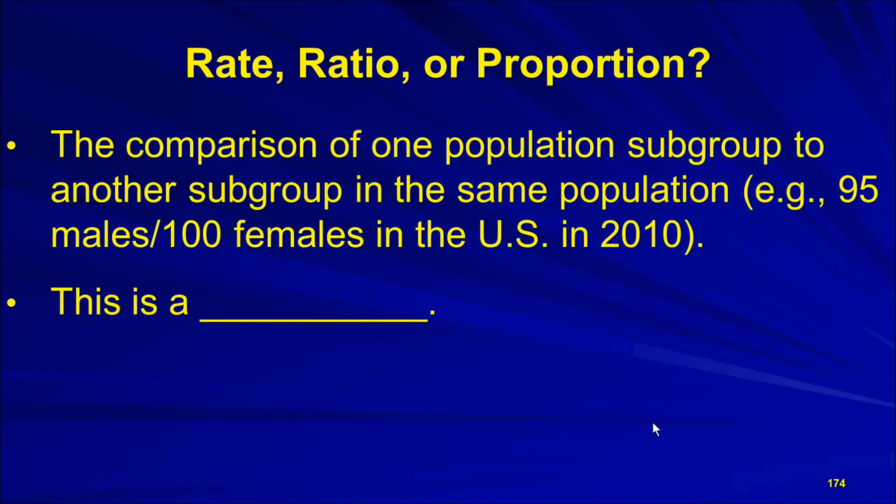Let's try and look at this another way, and you can see whether you can come up with the answers just by looking at it. The comparison of one population subgroup to another subgroup in the same population. For example, 95 males per 100 females in the U.S. in 2010.